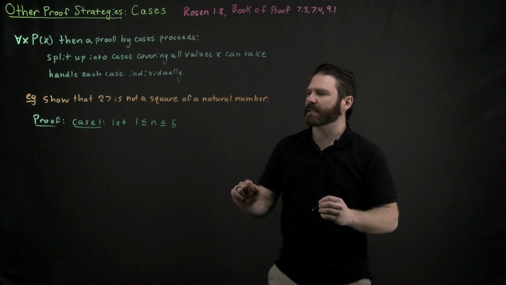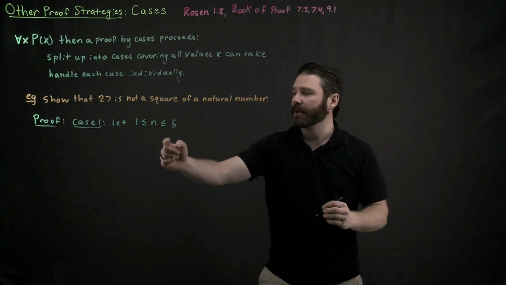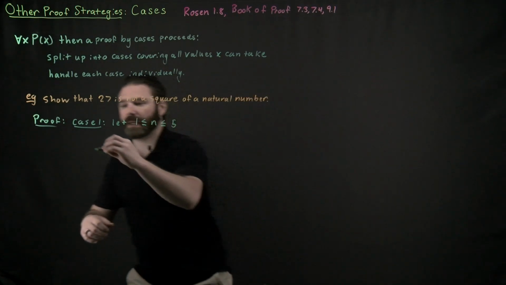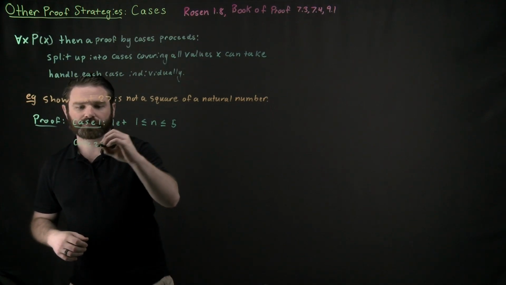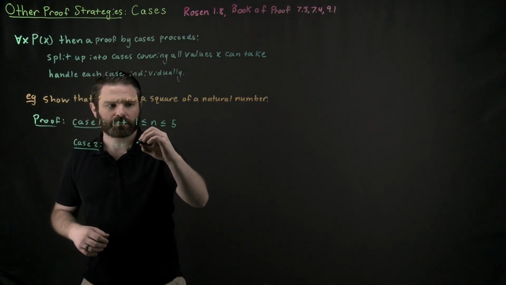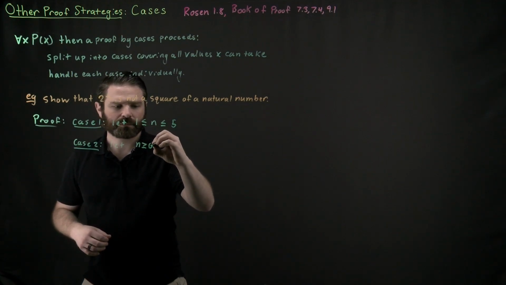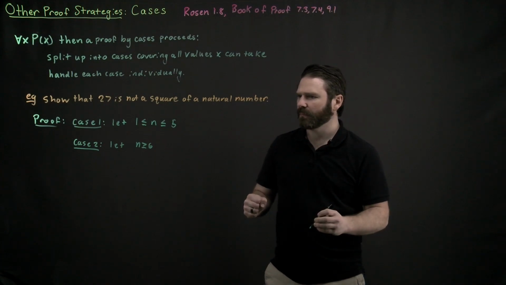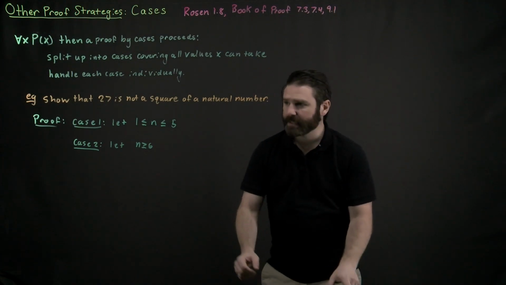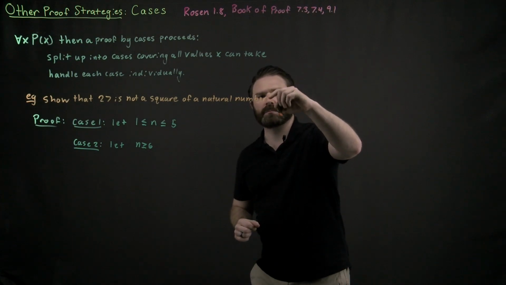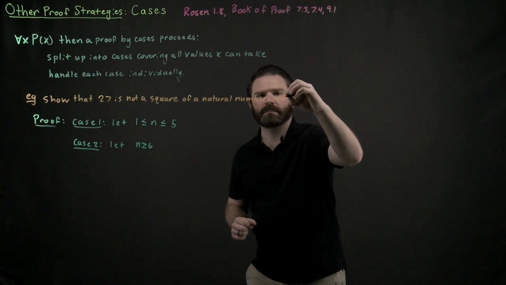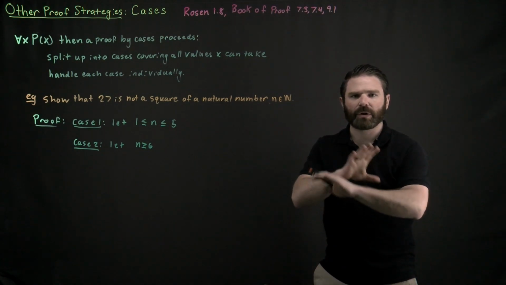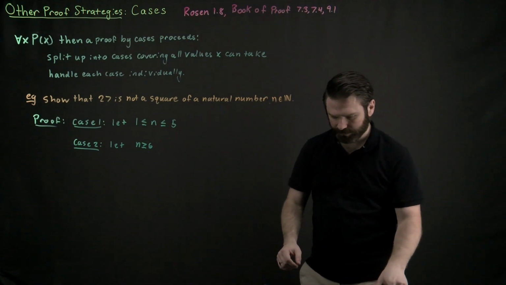First off, I'm going to consider natural numbers n that are between 1 and 5. That's my first case. My second case is going to be: let n be greater than or equal to 6. So you'll notice that for the natural numbers that I'm talking about, these two cases cover all possible natural numbers.